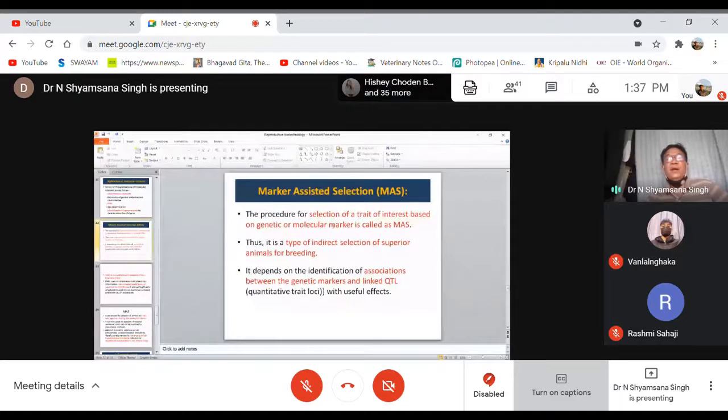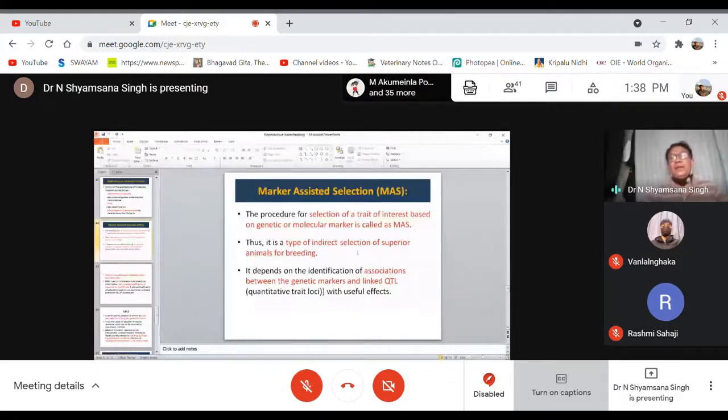So if those individuals have that DNA segment of our interest, they are selected and used in breeding. So here, identification of superior individuals is based on the presence or absence of a DNA marker. Such type of selection is known as marker assisted selection. Therefore, it is a type of indirect selection because we are not evaluating the individuals on the basis of the observed economic traits.